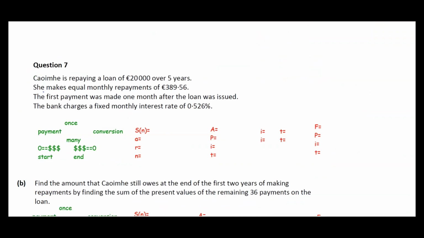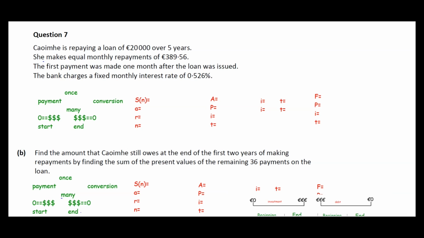In this question, Caoimhe is repaying a loan of 20,000 over 5 years. She makes equal monthly repayments, so we understand it's not a conversion. Here I have listed all the elements depending on what formula we need.